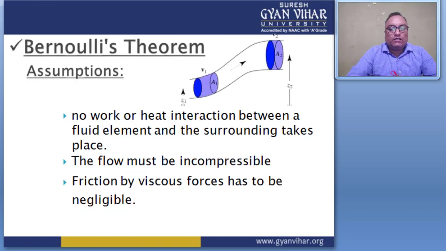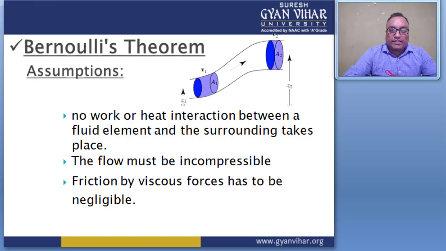Moving on, these are some of the Bernoulli's theorem assumptions which are used in this analysis. First, no work or heat interaction between a fluid element and the surroundings takes place, and the flow must be incompressible in nature, and the pipe is frictionless, or we can say that friction by viscous force has to be negligible.